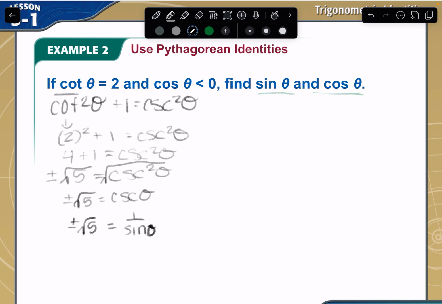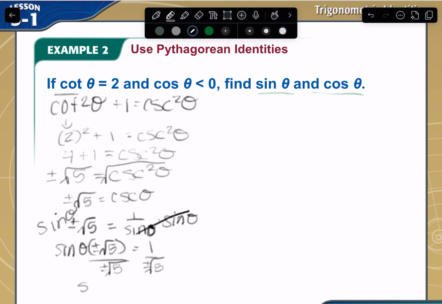That takes multiple steps, because this isn't just sine, this is 1 over sine. So I have to multiply by sine on both sides, and it would cancel. Now I have sine theta times plus or minus the square root of 5 equals 1. Then to get sine by itself, I have to divide by plus or minus the square root of 5. So now I have that sine theta equals 1 over plus or minus the square root of 5.